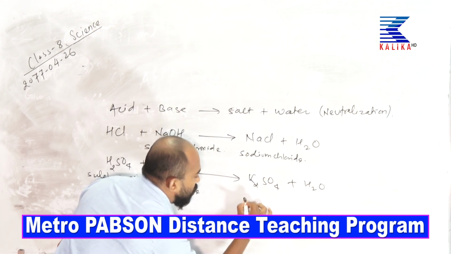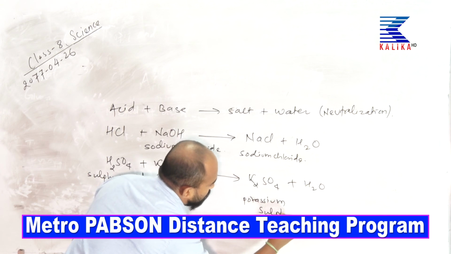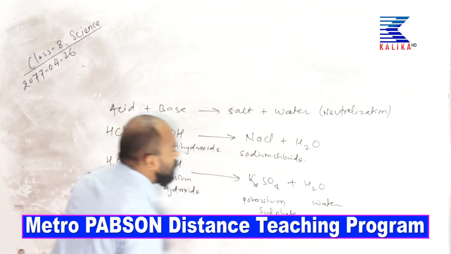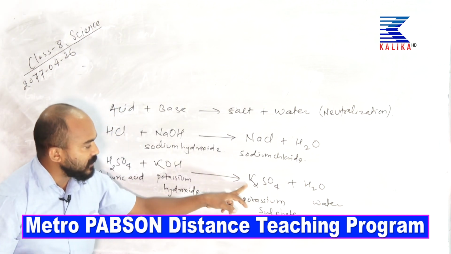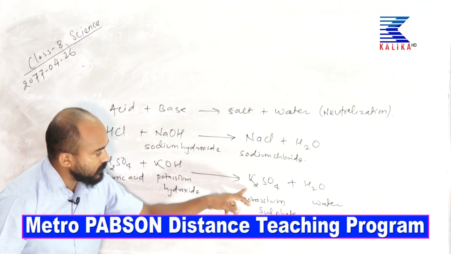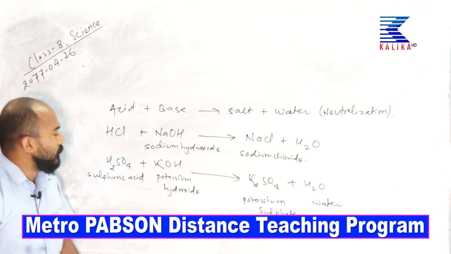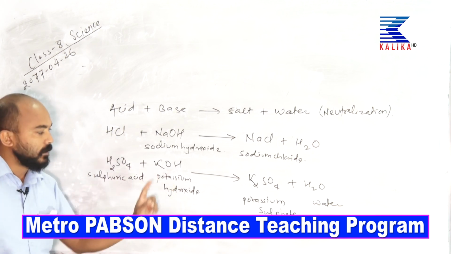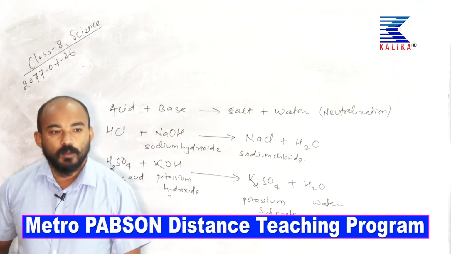K2SO4 means potassium sulfate, plus water. This is water, we know about this. The valency of sulfate is 2, the valency of potassium is 1. On crisscross, its molecular formula is K2SO4. So, sulfuric acid and potassium hydroxide form potassium sulfate and water.